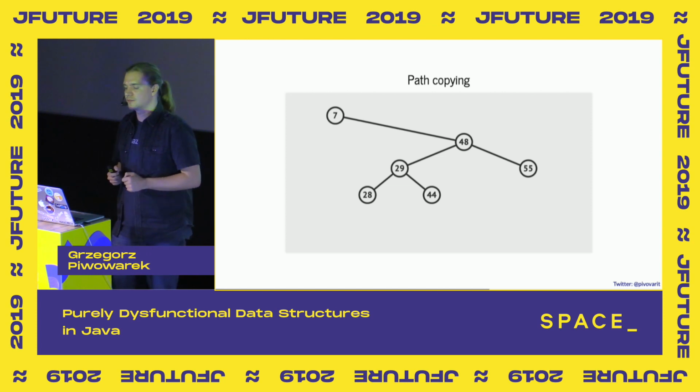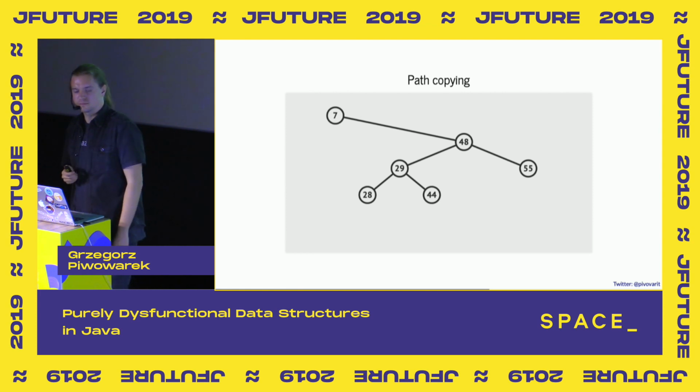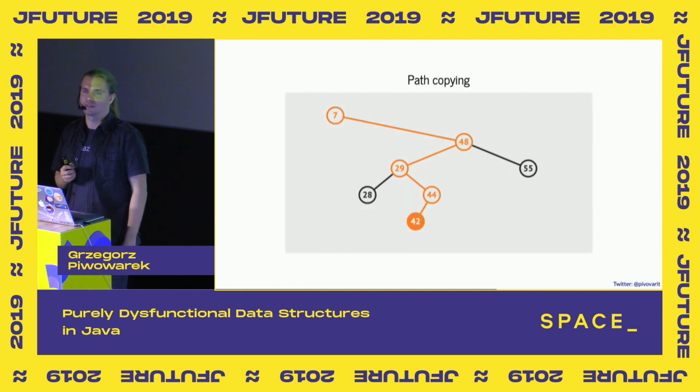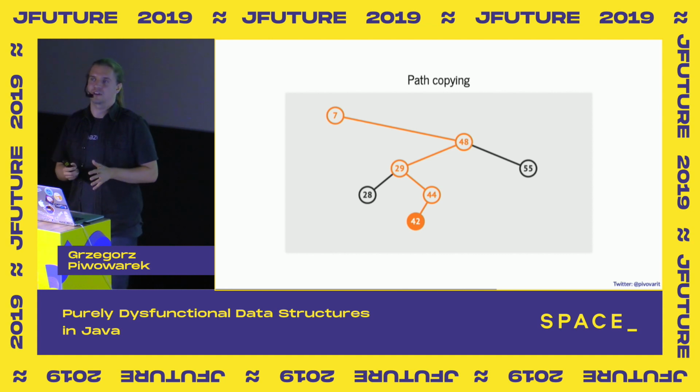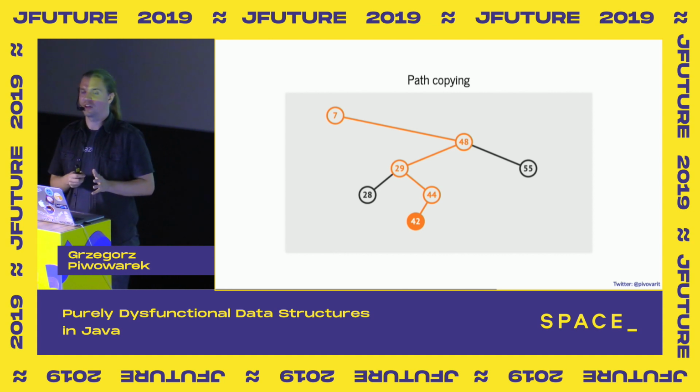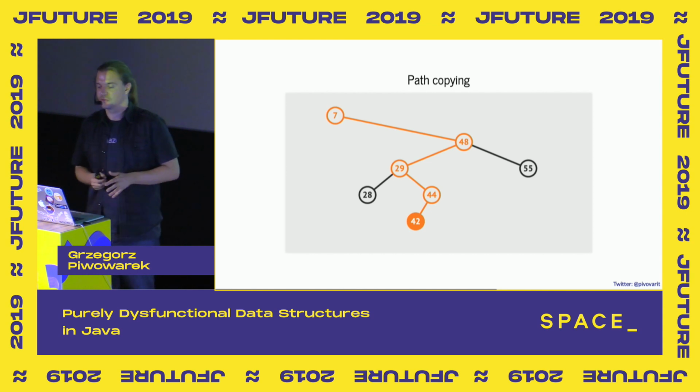Imagine that we want to add the value 42 to this list. We add it at the end, which means we need to actually copy quite a lot of things from the root till the end. And we can share only those black parts that are around 28 and 55. So again, we can't share everything. We can share just a small subset of the whole tree.